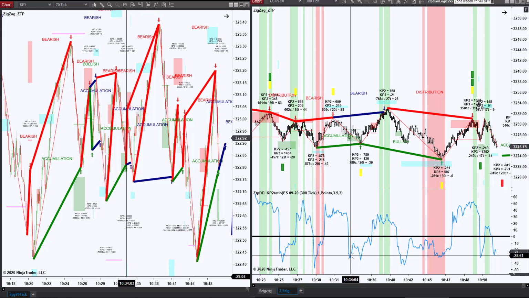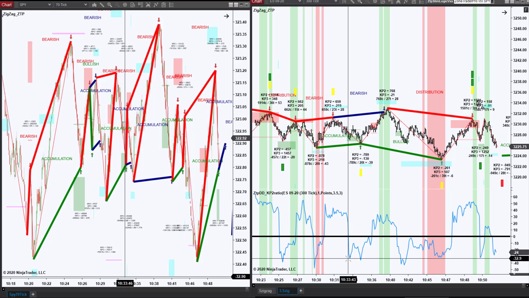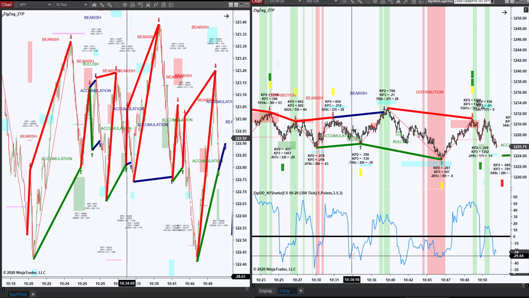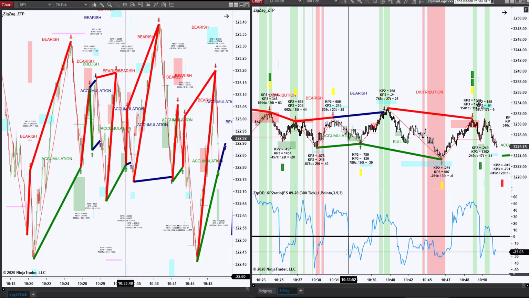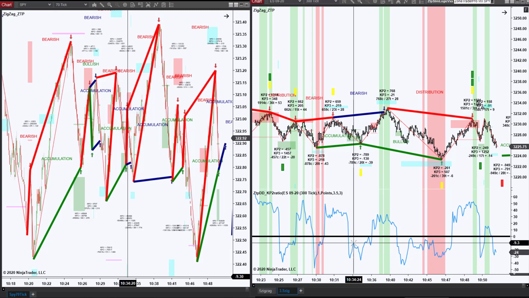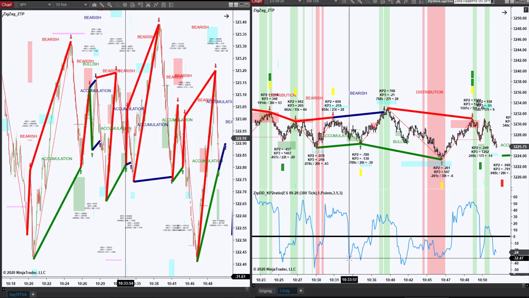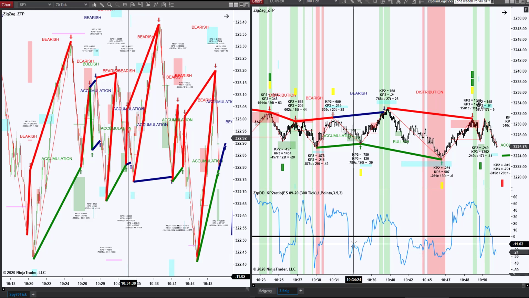And what I'd like to point out is one of the keys to whether or not a trade is going to work is what is happening down here with the KP2. So this is what's most important to me. We see as price rises, the KP2 indicator rises. That means that market orders are driving this indicator higher, and that's what we want to see.